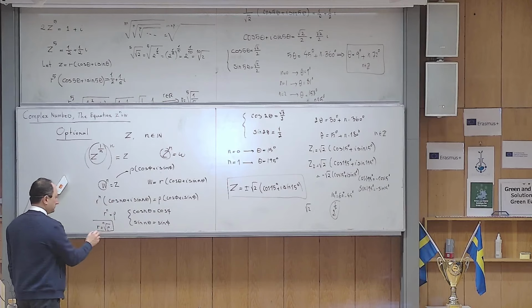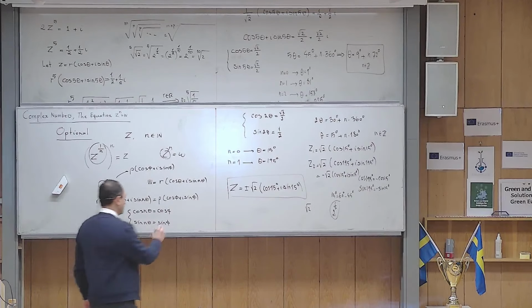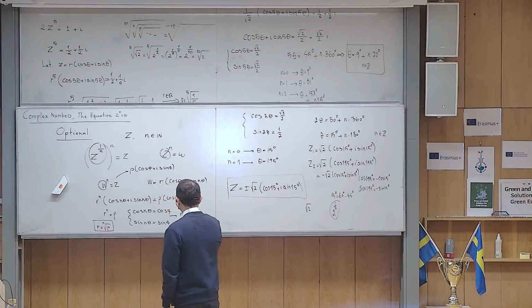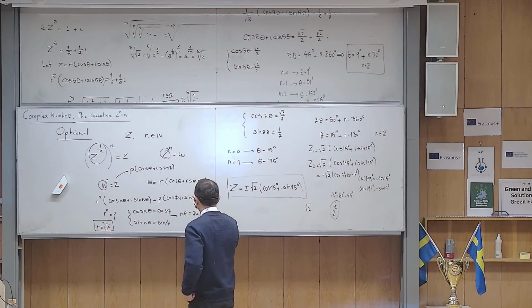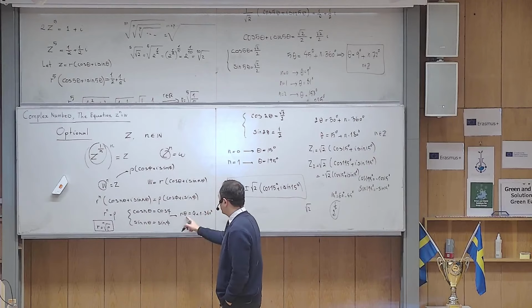And from here, n theta is phi plus n times 360 degrees. But I'm looking for theta, so theta is phi plus n times 360 degrees divided by n.